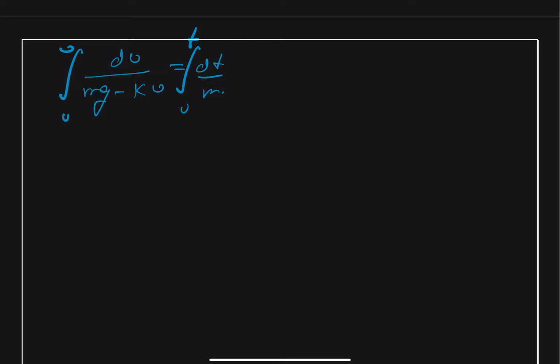So this comes as minus 1 upon k, and we have the natural log of mg minus kv from 0 to v, and this comes as t upon m.